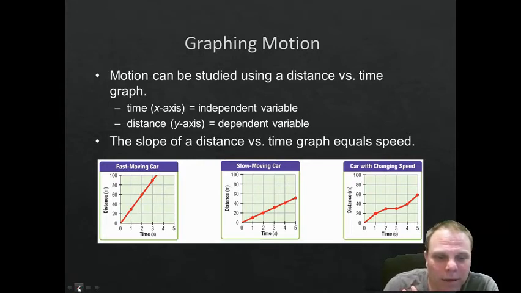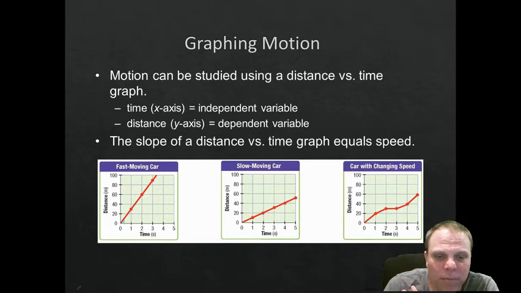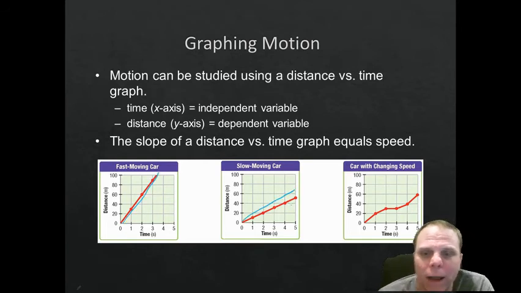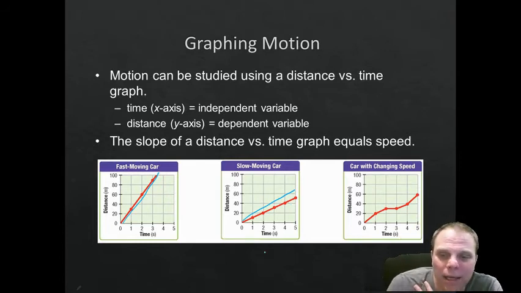Okay, let me change my color of pen here. That fast-moving car is going to have a steeper slope than the slower moving car. All right. Why? Well, I'm not traveling as much distance in that same amount of time, right? The slow moving car is going to have less distance traveled per time. And that's why it's going to be a lower line, because my distance, look, I only got to like 50 here, 55, something like that.